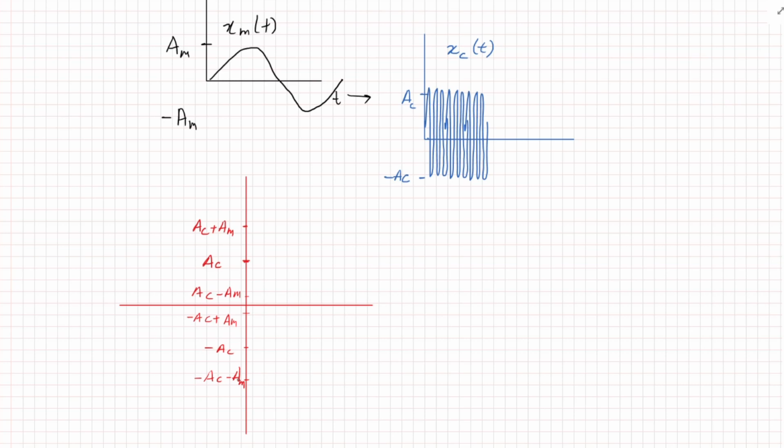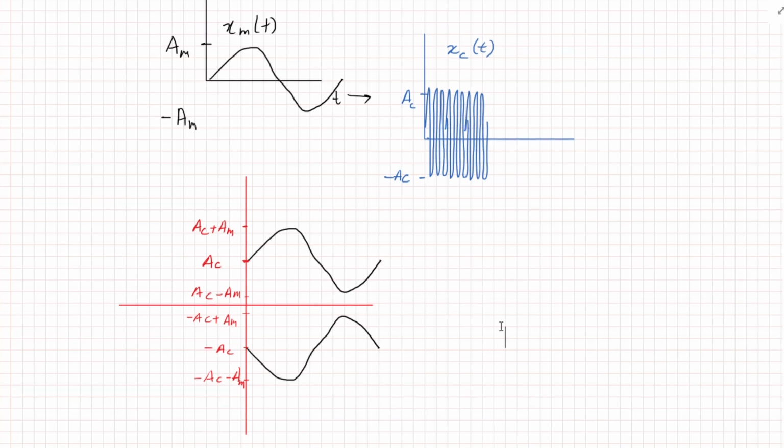Now, as we have already stated that the amplitude of the high frequency carrier will be modulated by the amplitude of the message signal or the modulating signal. So here we want to draw the boundaries of the amplitude of modulated waveform.